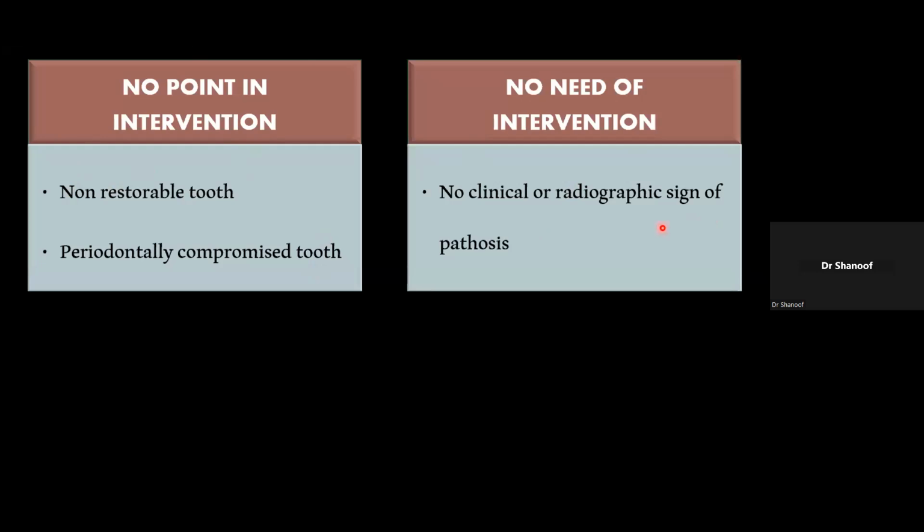A patient comes to your clinic for treatment of an adjacent tooth, and while taking a radiograph, you might see a fractured file nicely obturated inside the adjacent tooth. If there are no clinical symptoms and no radiographic signs, don't intervene.